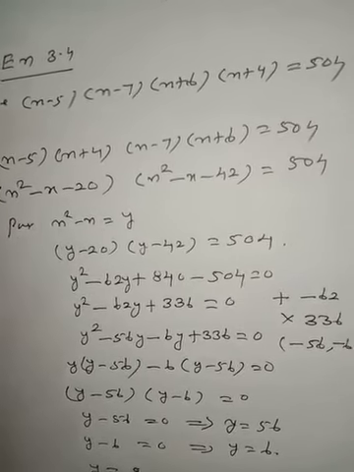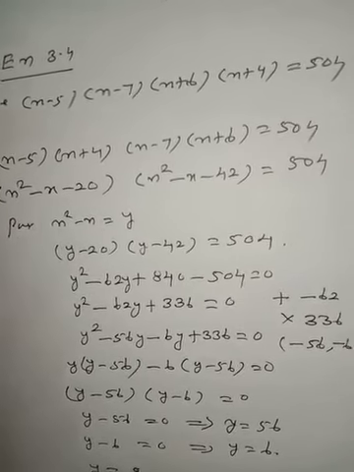Now x square minus 8x plus x minus 56 is equal to 0. In the first two terms, x is common: x into x minus 8. Take the next two terms, plus 7 into x minus 8.